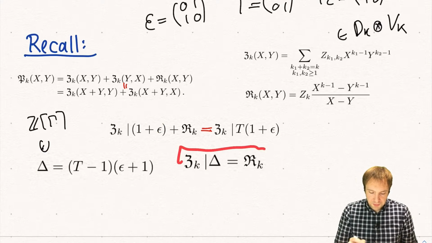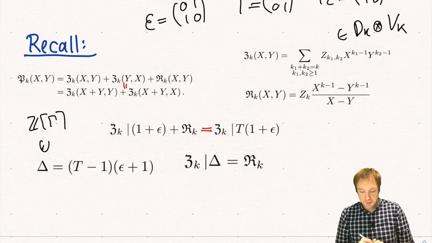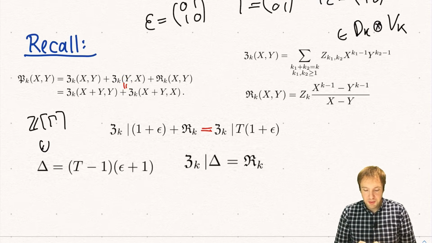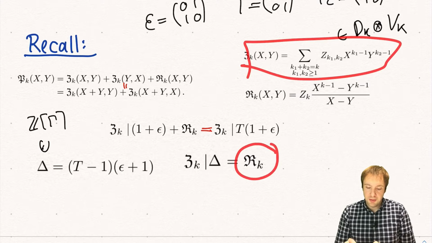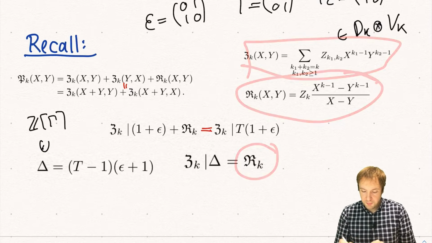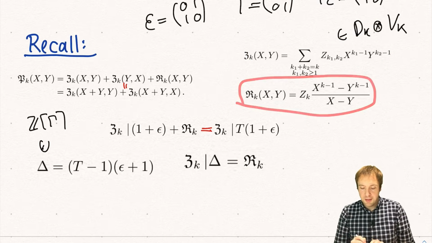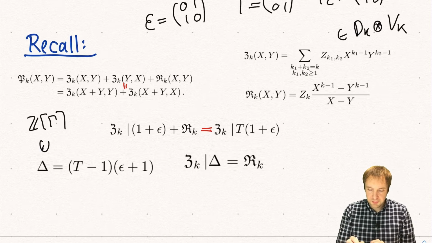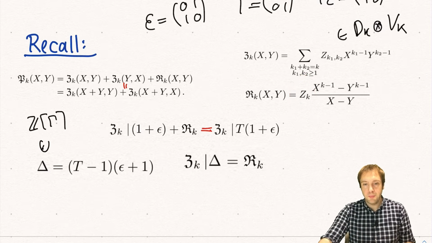So now this equation can be written as this simple single equation, meaning letting this element delta act on the generating series of these double z's should equal the generating series, this r_k here. So it's just these single z's.